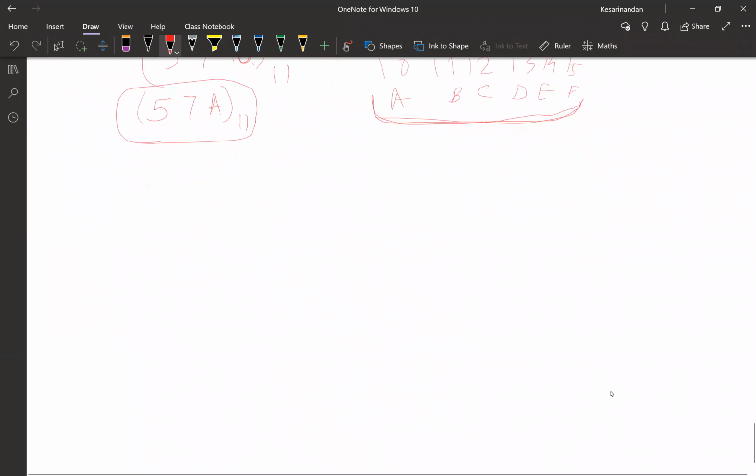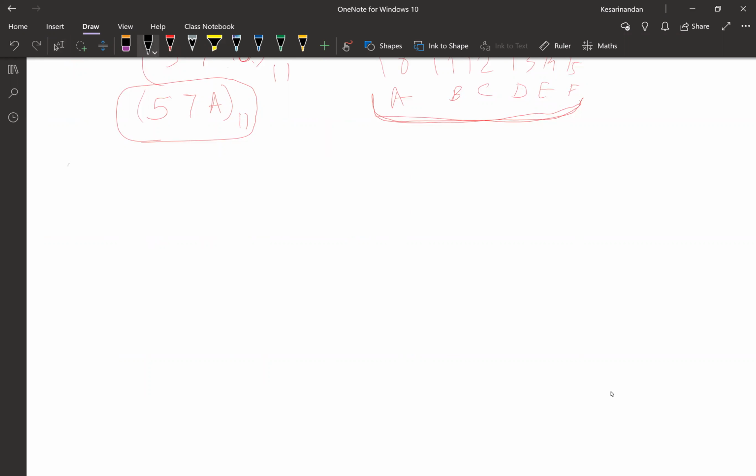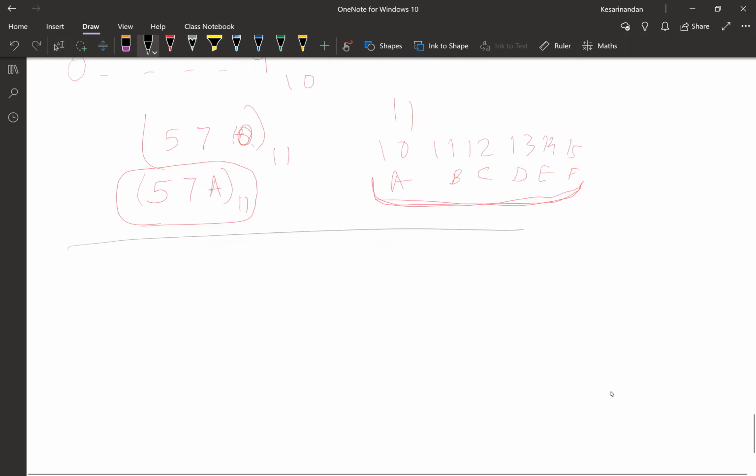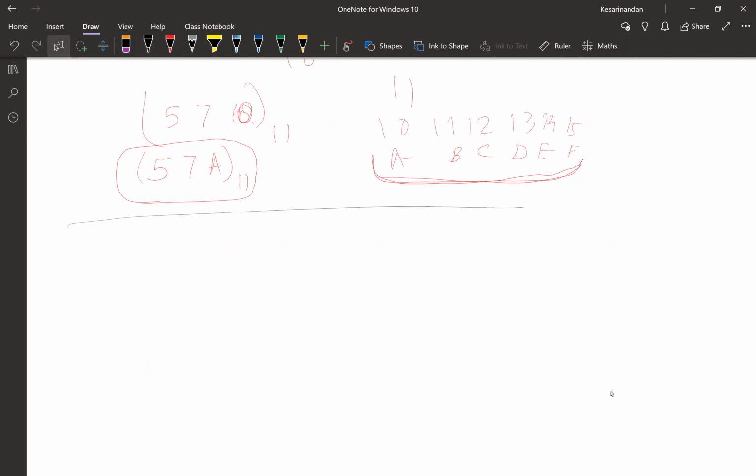Now Kesari asks, what is the highest base we get till hexadecimal, or does it go on? In CAT, you will have till base 16 only. Even a computer operates at max till base 16. If we start having more than base 16, it will increase the complications. Let's say, for example, you purchase one car and you have your parking space.